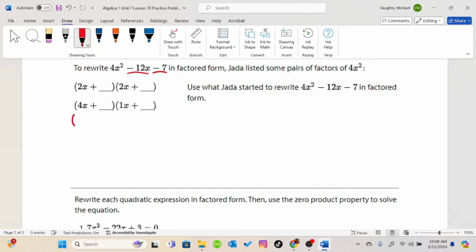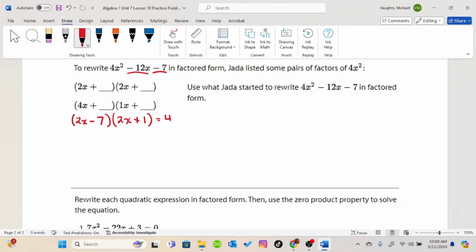So we could start with 2x. We're going to need opposite signs, and we're going to want the bigger one to be negative. So let's try negative 7 and positive 1.